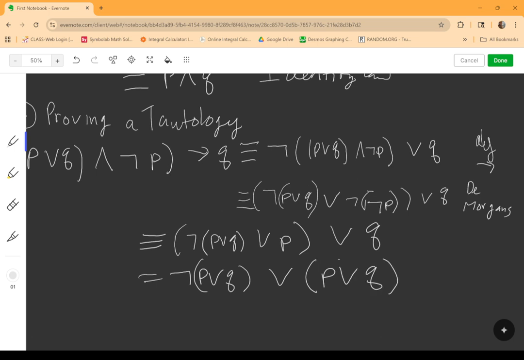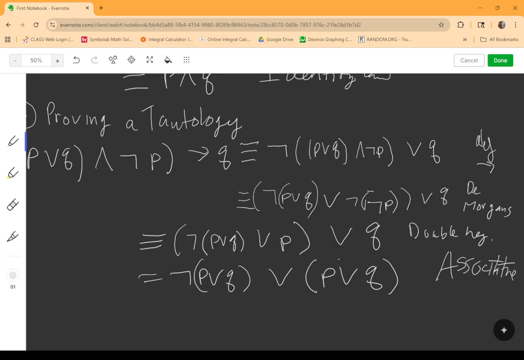We can associate these terms any way we want, and here this one is double negation.